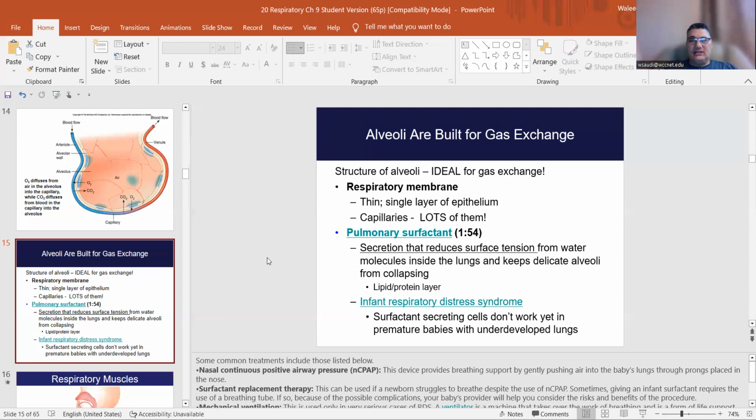Of course, it doesn't mean they are going to die. What happens here is if this baby is born premature, again, this is just for your information. This is too much for this course. Just if you're interested, maturity is at 9 months. At 7, it's okay. They do have the surfactant.